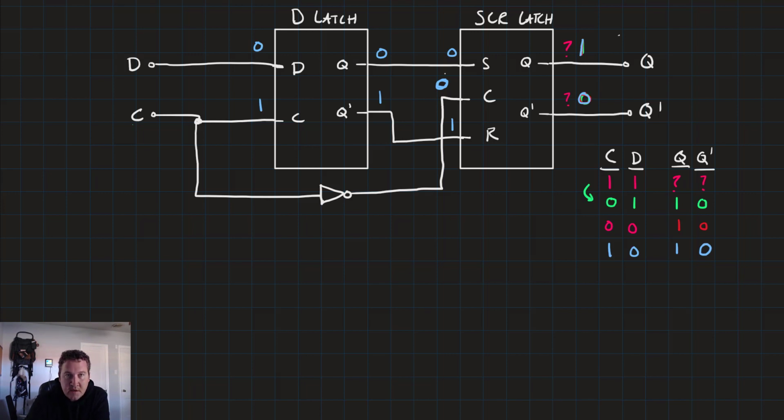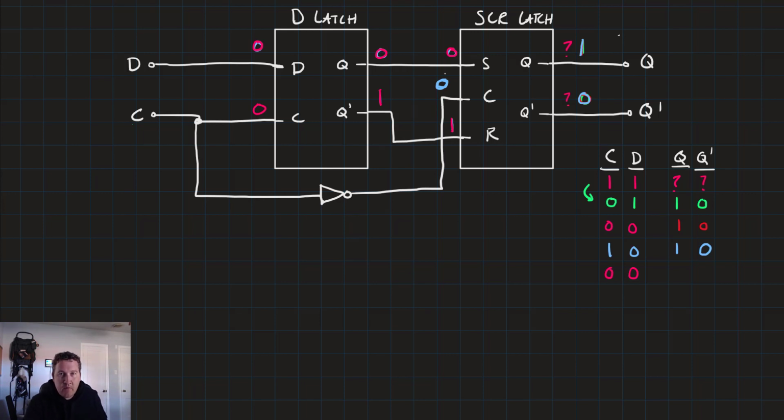Now, when we take the D latch, and let's finally put the input at 0, 0. So that's 0 on C and a 0 on D. The 0 on C means no change, so the output remains 0 and 1, which means the inputs S and R have 0 and 1.